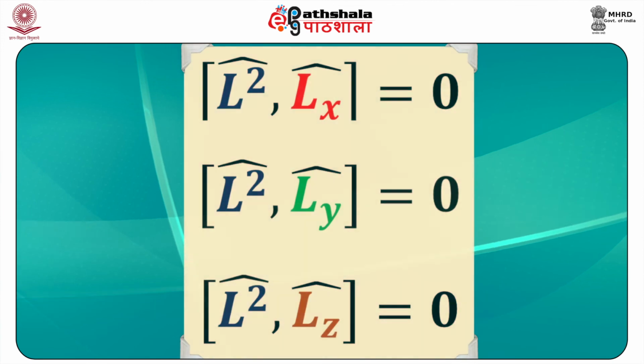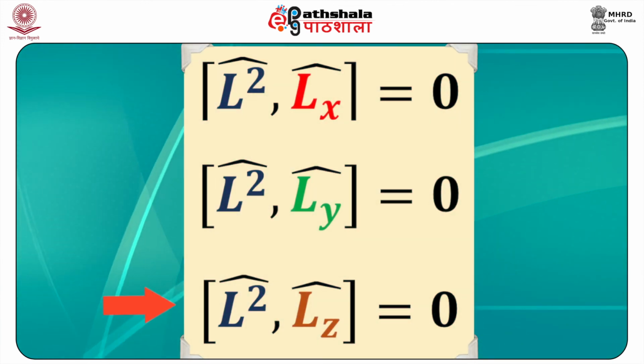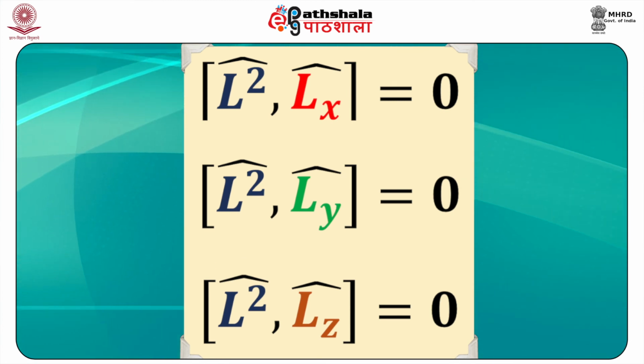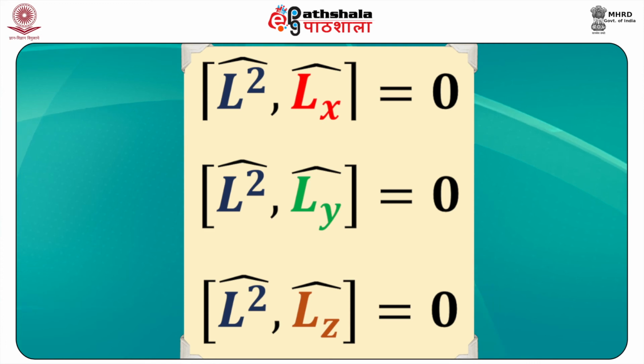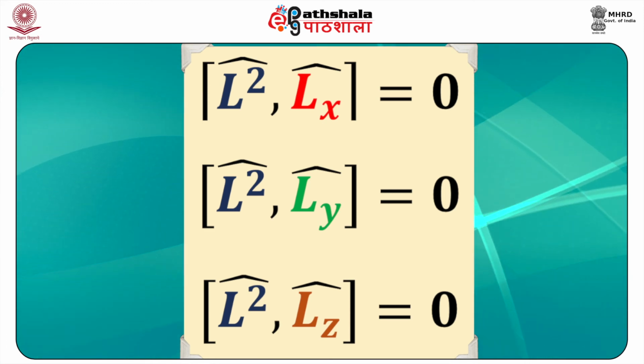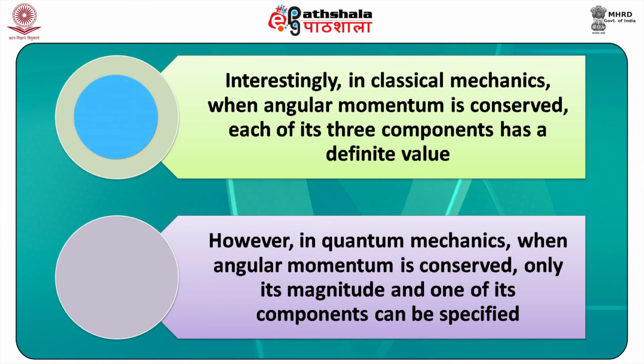Now this means the commutator [L², Ly] will also be 0 and [L², Lz] will also be 0. This means that L² commutes with each of its components, that is, it is possible to specify the exact value of L² and any one of its components. An interesting fact over here is, in classical mechanics, when angular momentum is conserved, each of its three components can be specifically defined.